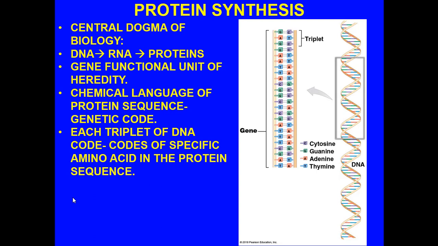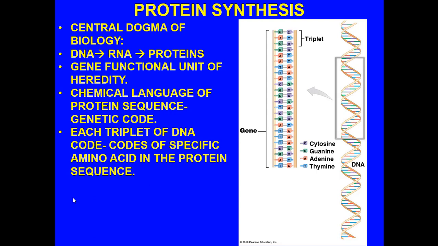DNA has the code for that information. But like anything else, we don't send the original map out into a place where it could get damaged. Rather, we make a copy of it, and we ship the copy out. And that copy is the RNA.